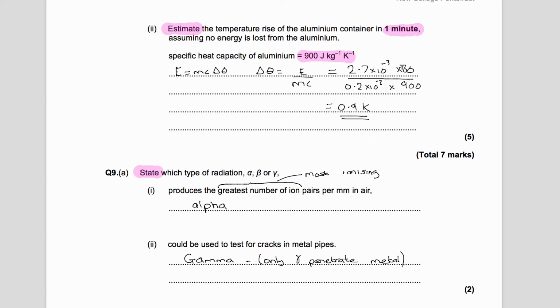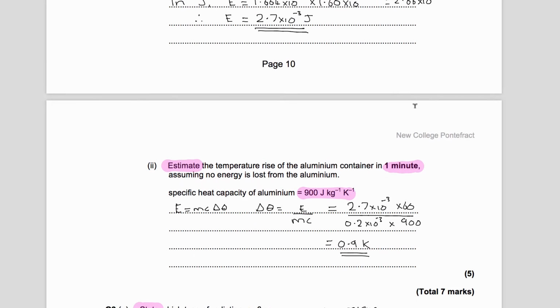So that's where this 60 comes from. The mass was 0.2 times 10 to the minus 3, it told us that at the start, and the specific heat capacity is the 900 joules per kilogram per Kelvin. Put all of that in your calculator, gives you 0.9 Kelvin. So this container will basically, in 1 minute, increase by 0.9, the temperature will increase by 0.9 Kelvin.